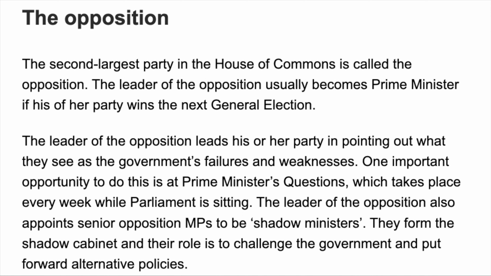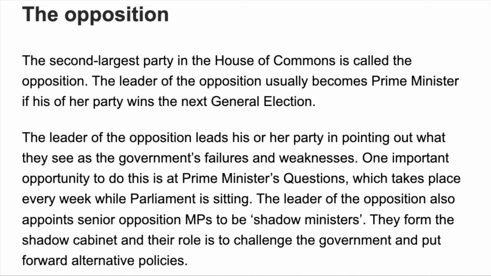One important opportunity to do this is at Prime Minister's Questions, which takes place every week while Parliament is sitting. The leader of the opposition also appoints senior opposition MPs to be shadow ministers. They form the shadow cabinet and their role is to challenge the government and put forward alternative policies.